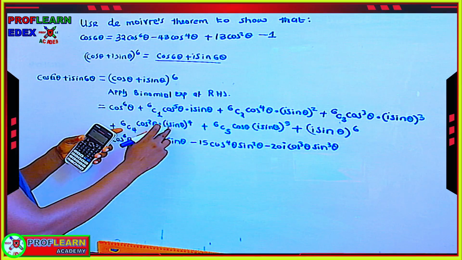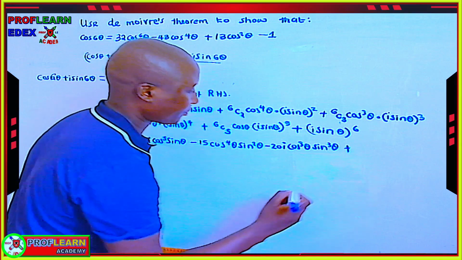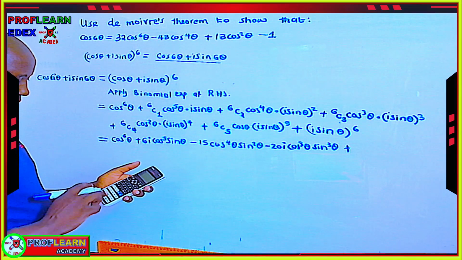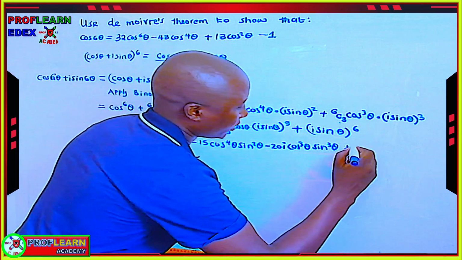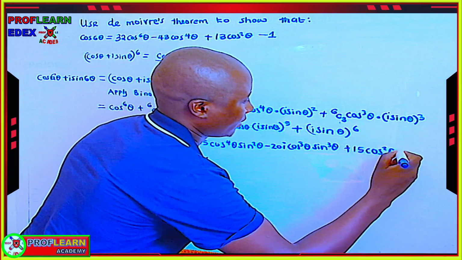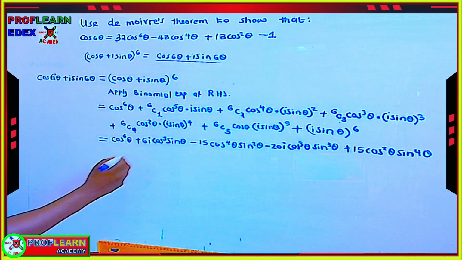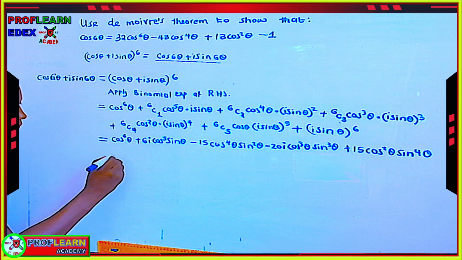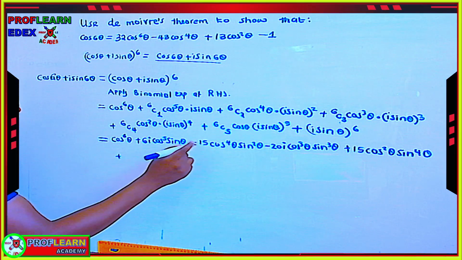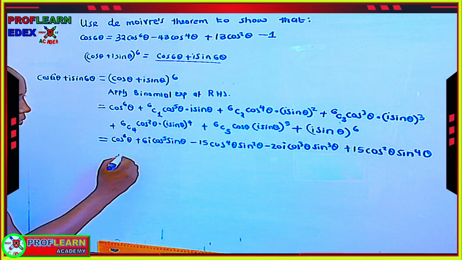We shall have positive because i is going to be raised to power 4. What is 6 combination 4? That's going to be 15. So we shall have 15 cos^2 θ sin^4 θ. Next term for this one, it will be plus 6 combination 5, which is going to translate to 6.